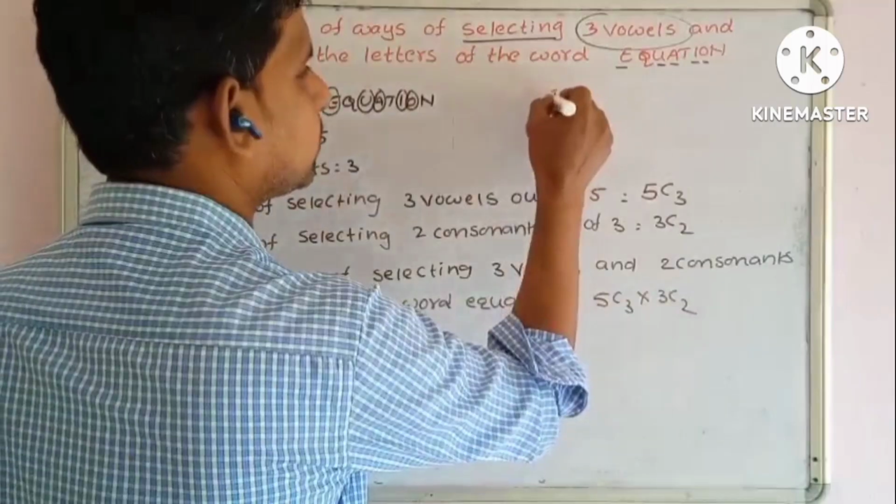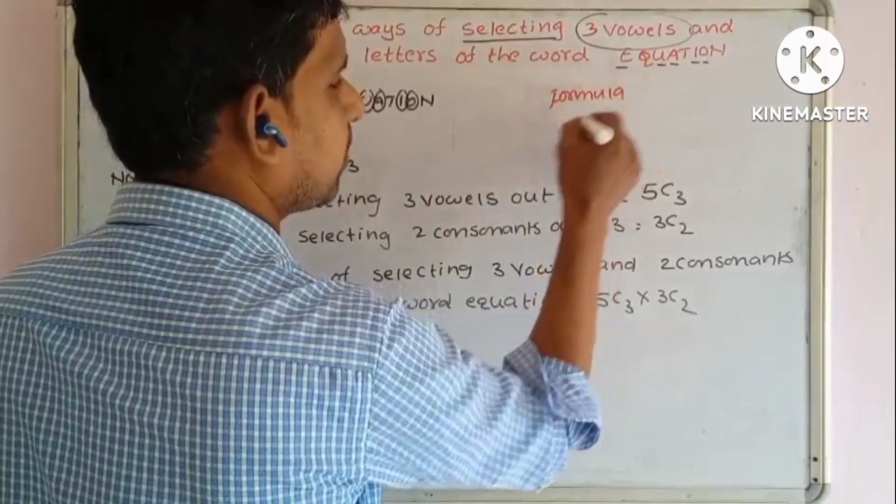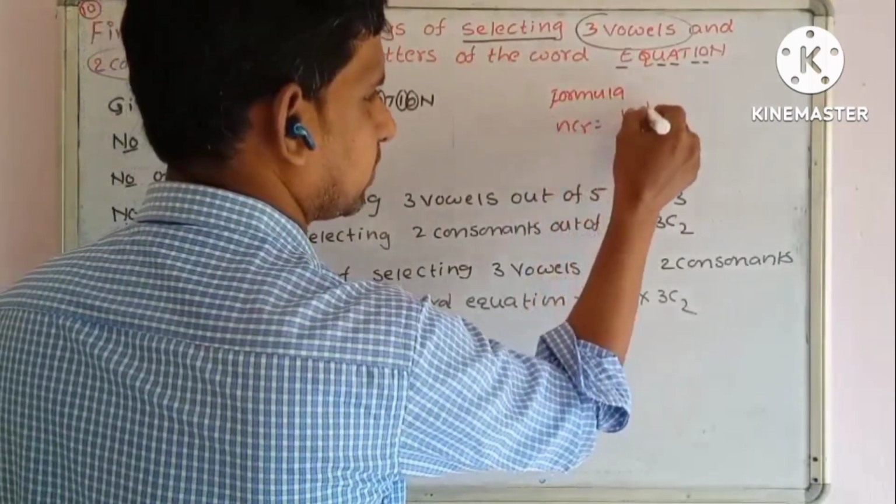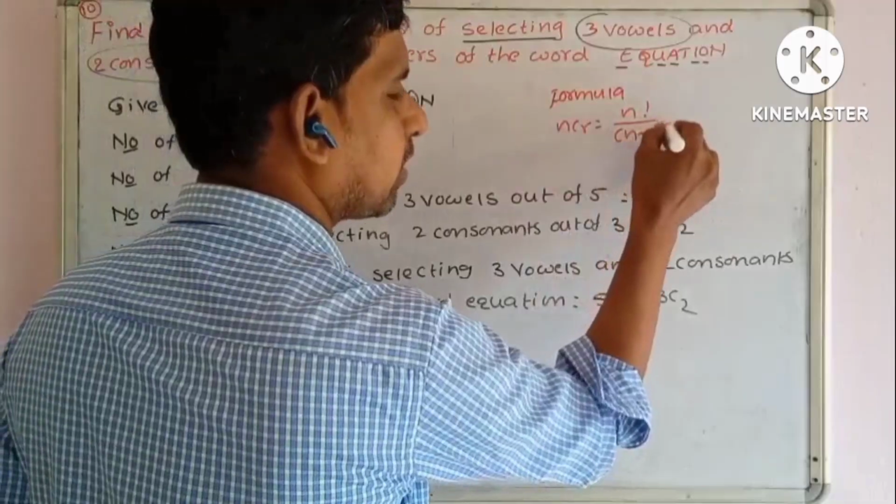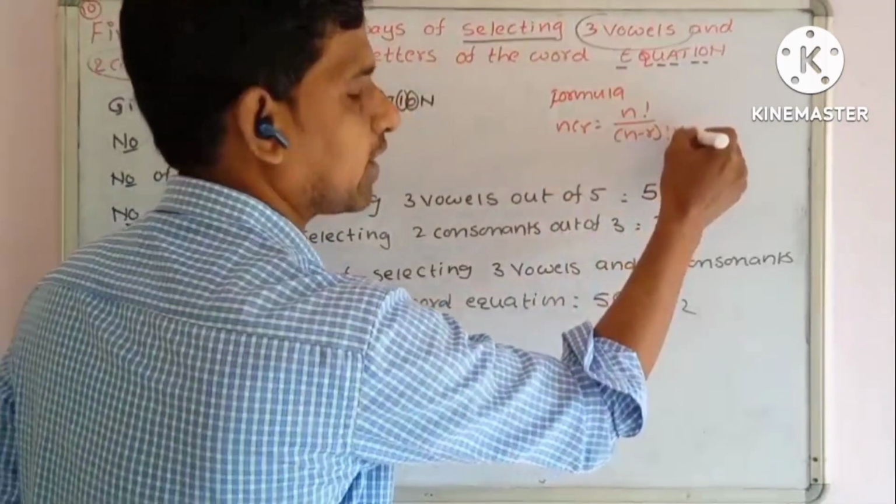We know the formula. What is the formula? nCr formula: n factorial by (n minus r) factorial into r factorial.